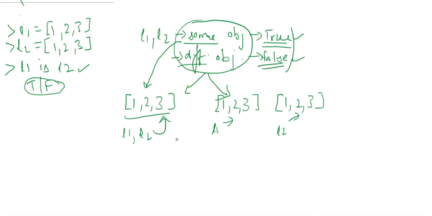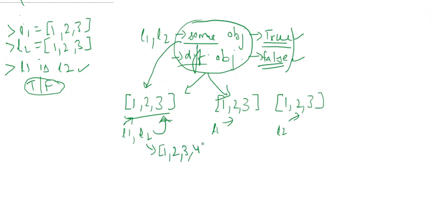Okay. But now as we know, L1 needs the value 1, 2, 3, and L2 also needs the value 1, 2, 3. But suppose after some time, L2 has a requirement where it needs an additional value, say 4, and it has to add this value to the list.